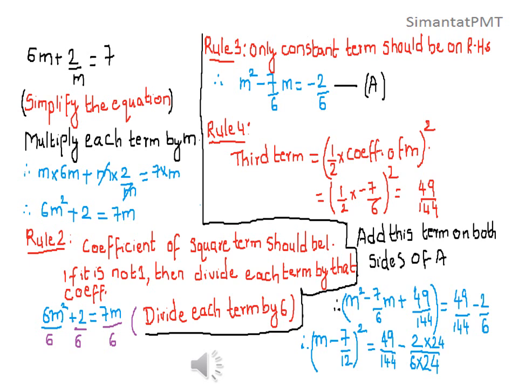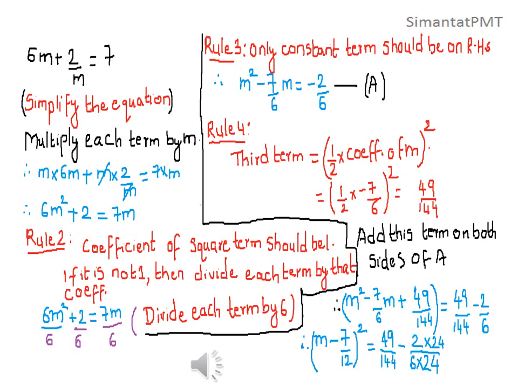Rule 4. We now find the third term. Formula for third term is half into coefficient of m, the whole square. In the equation A, coefficient of m is minus 7 upon 6. Therefore, we get third term equal to half into minus 7 upon 6 the whole square equal to 49 upon 144.